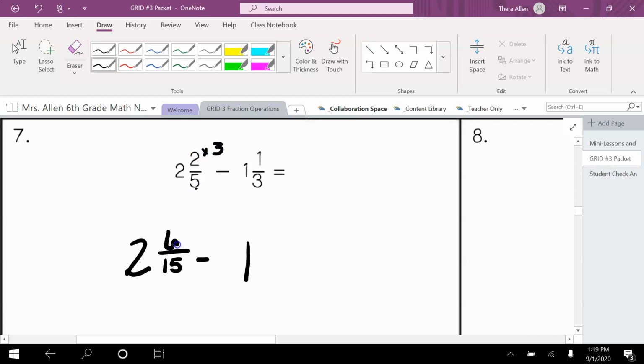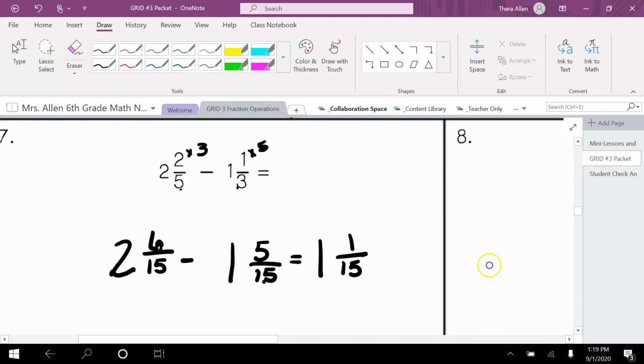So 2 times 3 gives me 6. 3 times 5 gives me 15. So 1 times 5 gives me 5, and I subtract across. 2 minus 1 is 1. My denominators stay the same. 6 minus 5 is 1. So 1 1/15.